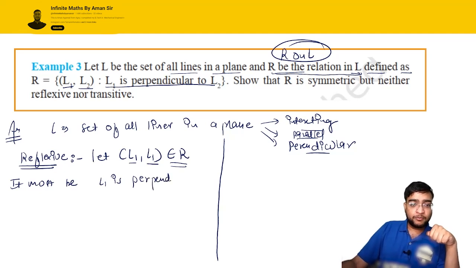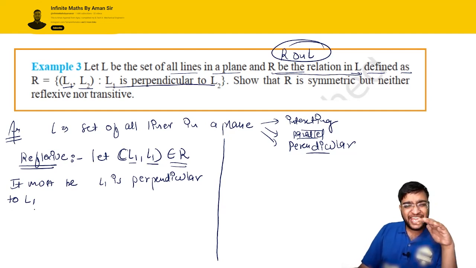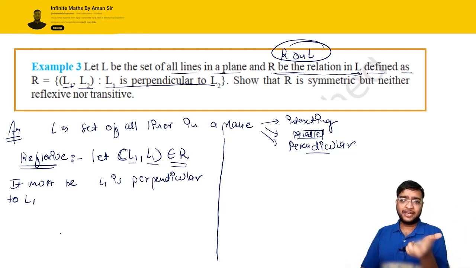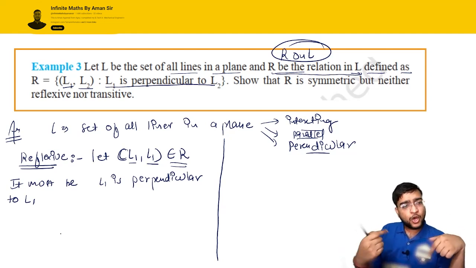Both values are taken from the same coordinate pair, so it must be that L1 is perpendicular to L1. Is this very logical? Can any line be perpendicular to itself?